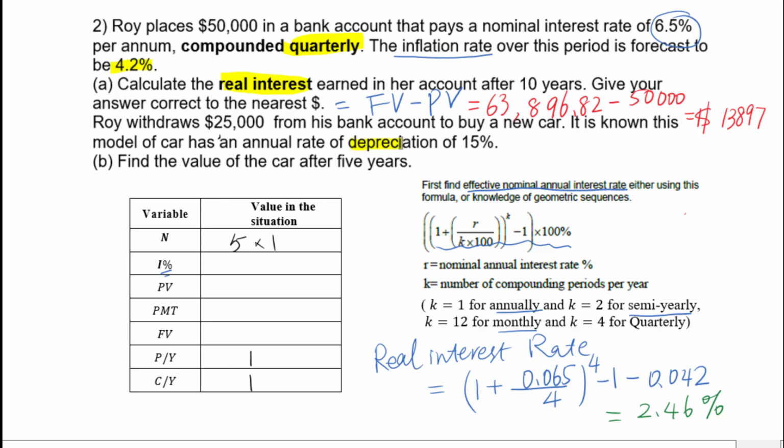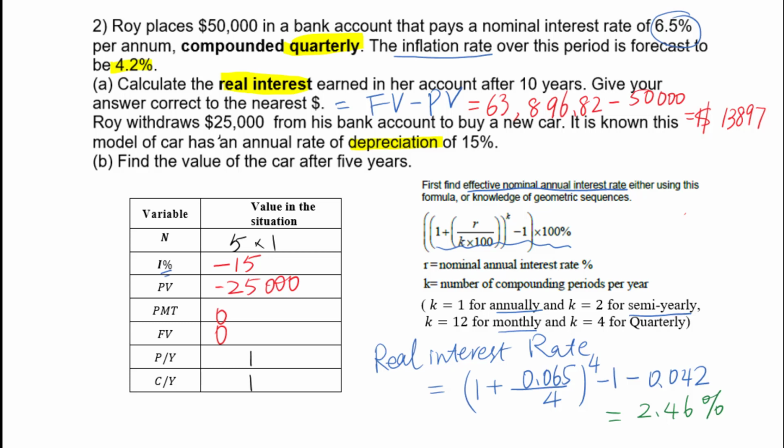Since this is a depreciation, the interest will be negative 15. Present value is negative 25,000. Then PMT is 0. The future value is something we are looking for.